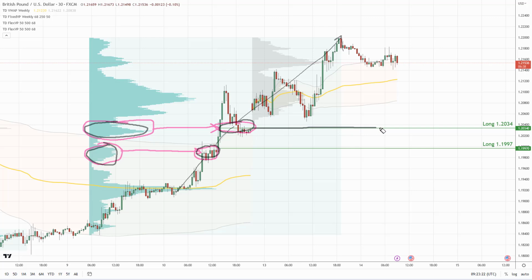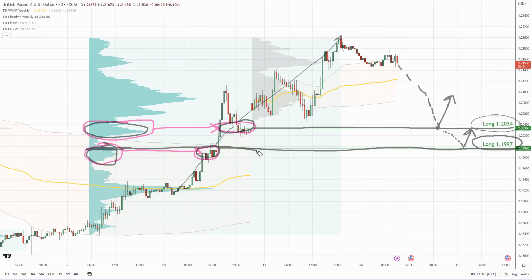So when there's a pullback to the first zone at some point in the future, then I expect there'll be a reaction. That heavy volume zone begins at 1.2034, and if the price continues to drop even more, makes another pullback to the beginning of the second zone, which is 1.1997, then I expect another reaction from there, from the beginning of that heavy volume zone, right?